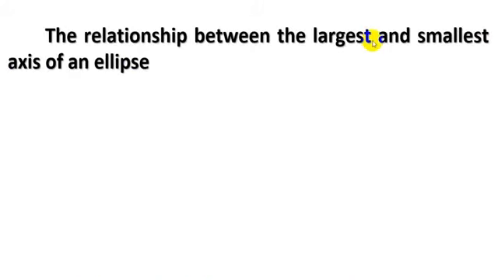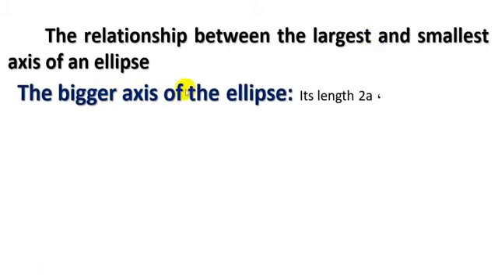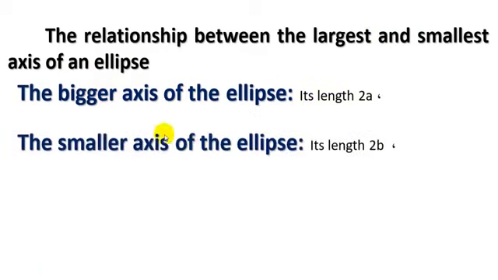The relation between the largest and the smallest axis of an ellipse: the bigger one has length 2a, and the smaller one is 2b. So what will be the relation?